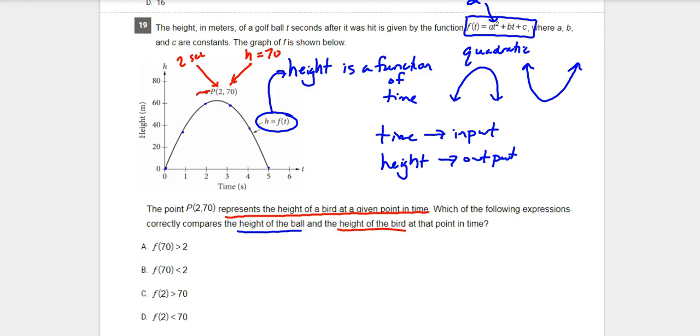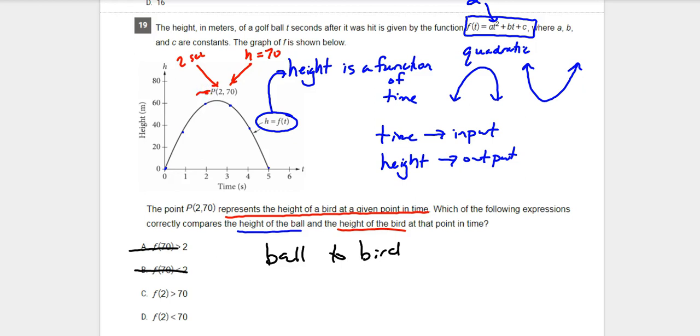Well, the first two don't even make sense. F of 70, we don't even have 70 seconds on our chart. So basically that doesn't make sense. But these last two do. If we want to compare the ball to the bird, f of 2 for the bird is higher.